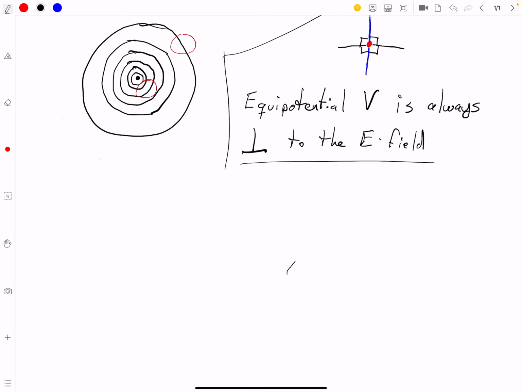So we found that our field at every single one of these circles is constant. Let's say this is R1, R2, 3, 4, 5, 6. This is R6. So V of R6 all the way around is a constant.